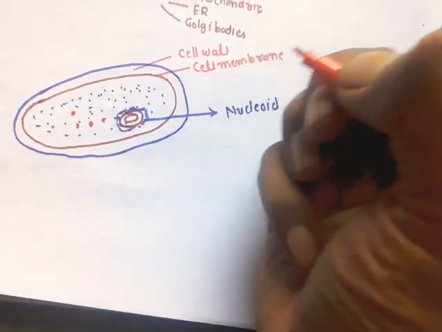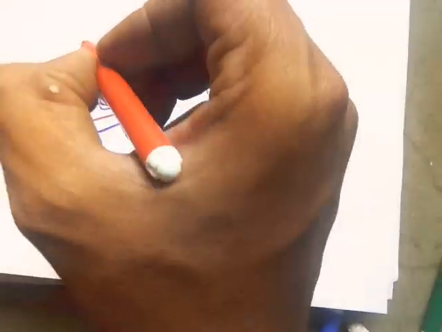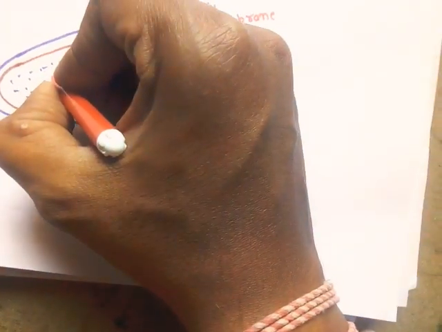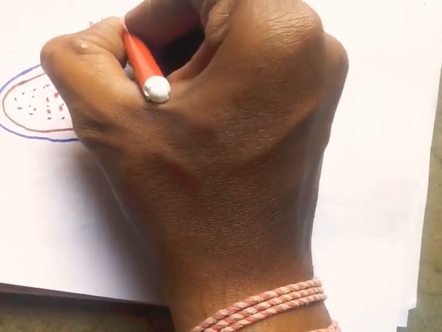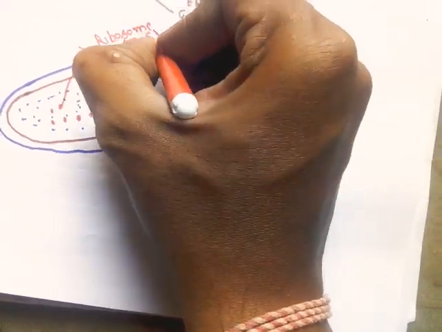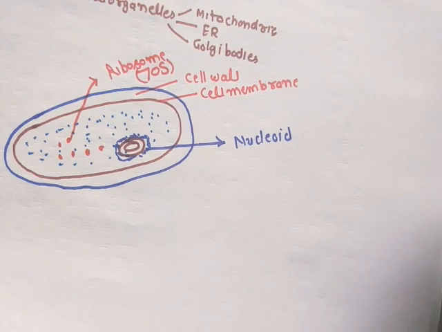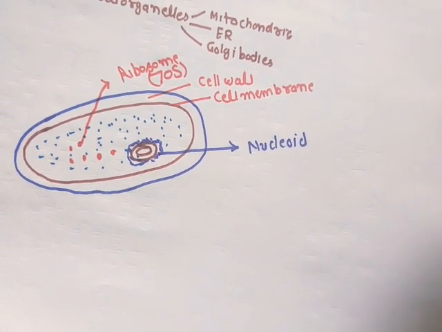They are present in the cytoplasm of the prokaryotic cell, but there is a difference between the ribosomes of prokaryotic and eukaryotic cells. Ribosomes are of two types, 70S and 80S. In prokaryotic cells, 70S ribosomes are present, and in eukaryotic cells, 80S ribosomes are present.